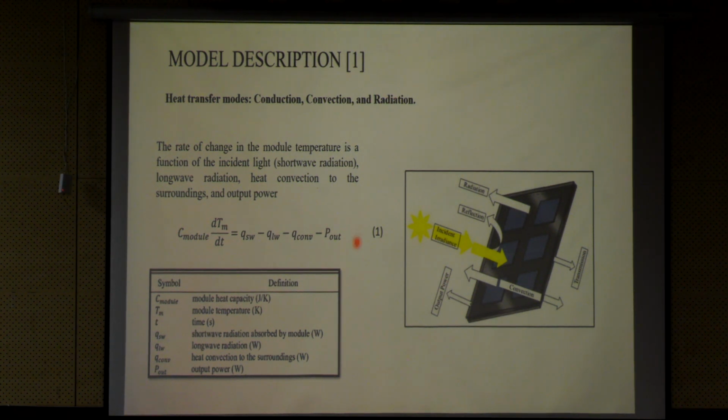This can be given by this standardized equation. What is this equation? This is nothing but the rate of change of the module temperature. This is the heat or radiation absorbed by the module, and these are the losses, and this is the effective power output. So I can say total input equals total output, which is giving rise to temperature.